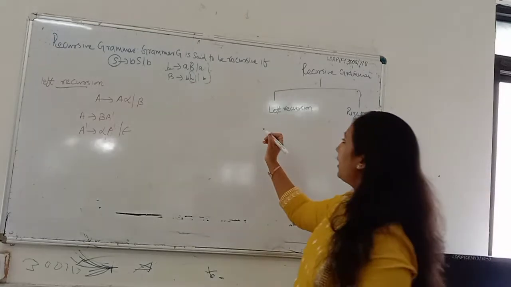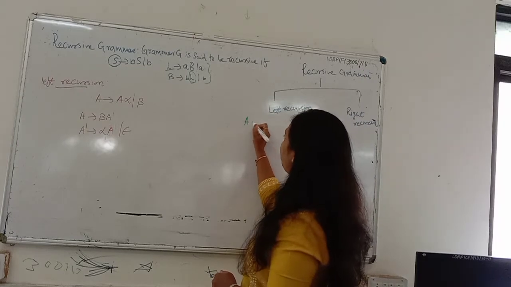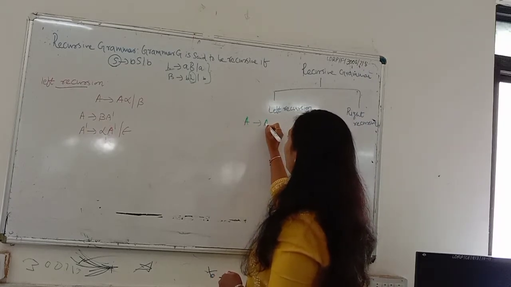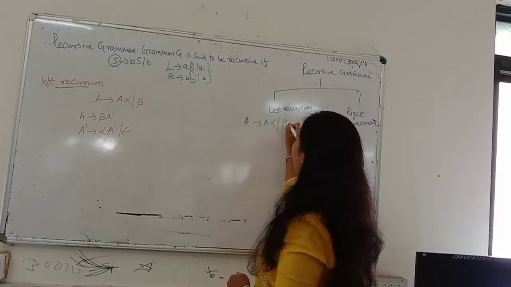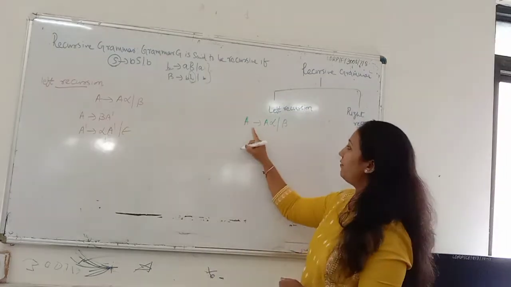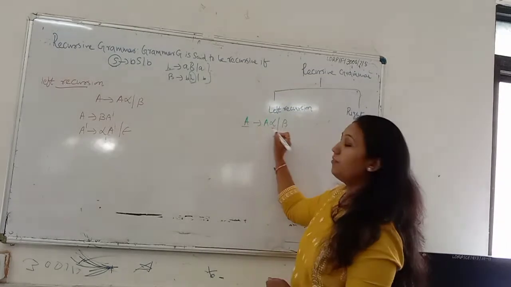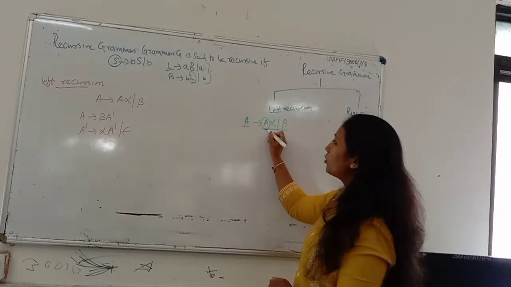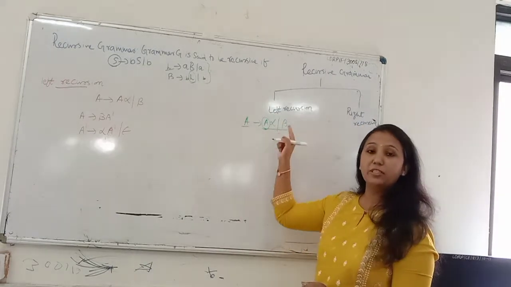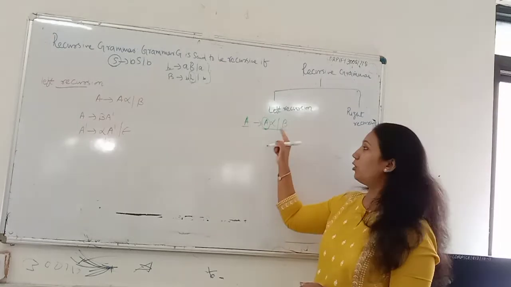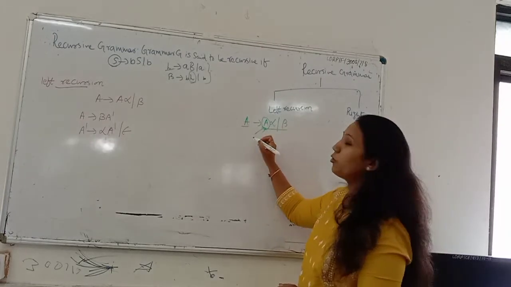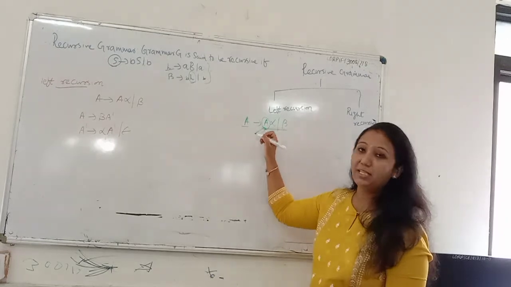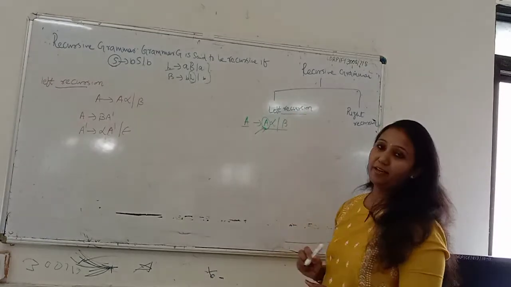Let's take the grammar A to A alpha or beta. Over here the left hand side non-terminal A is present on the right hand side of the production at the leftmost position. So the recursion is generated because of the leftmost position of the non-terminal, and hence it is called left recursion.